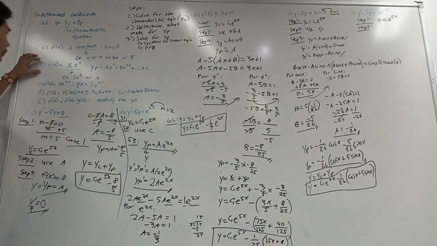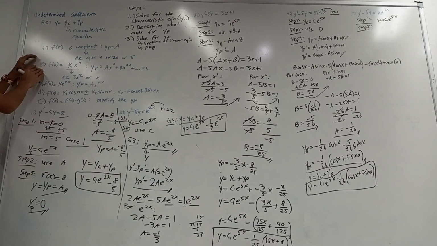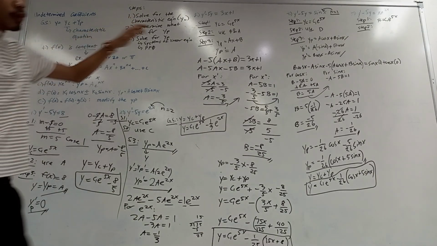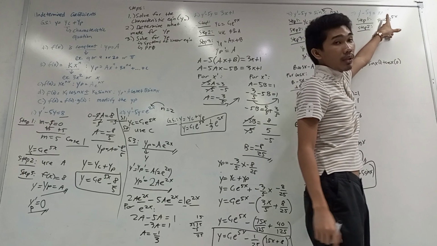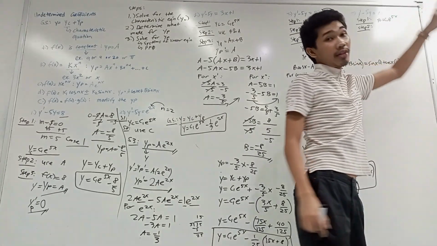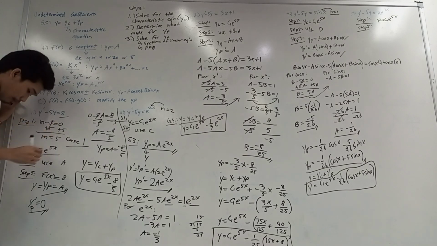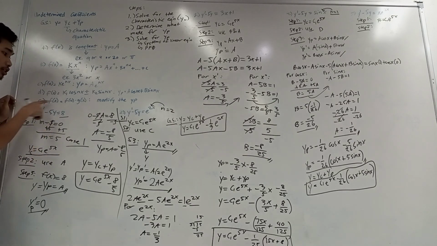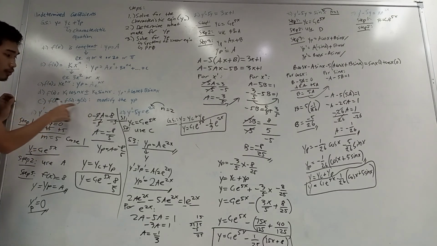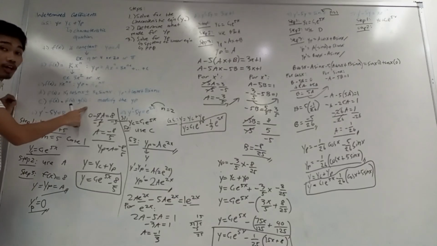So, ang x, dito man siya sa b. Pero ang e raised to 2x is sa c. What we can see right now is i-multiply sila. So, x times e raised to 2x. Which makes it na pasok siya sa e. So, yun yung modified yp, which is f of x times g of x.